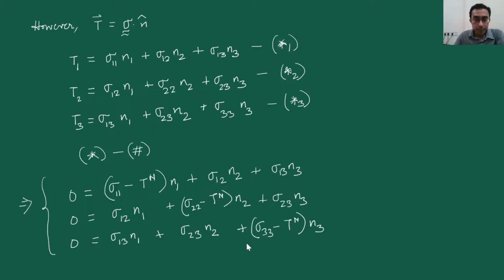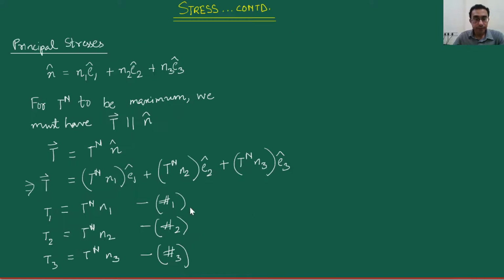Now, usually when you are setting up the framework for finding the principal stresses, we say that in the very special circumstance where the traction vector is parallel to the n hat, the normal component which we have written here is usually given by the simple sigma itself. Instead of this Tn, we just write this as sigma.